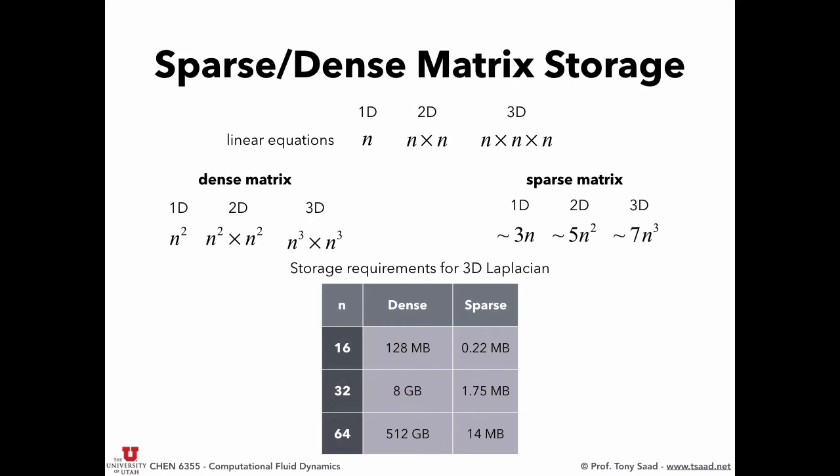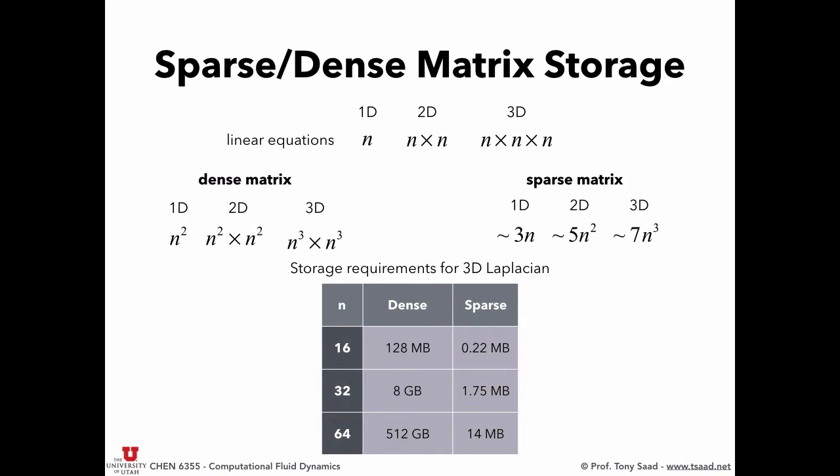For 16 grid points, a dense matrix representation requires 128 megabytes. So you're filling in 16 cubed squared, so 16 to the power 6 times 8 bytes. That's how I got this number. Versus sparse storage, 0.22 megabytes. You can run these numbers in Python and verify that for yourself.